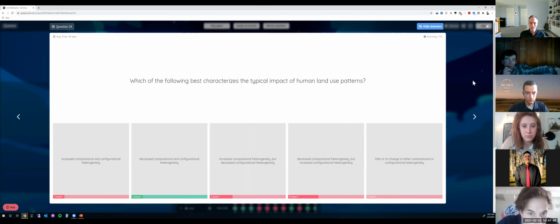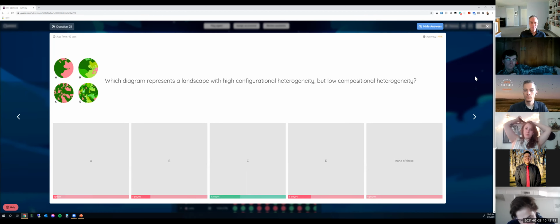Typically the result of human land use patterns is that you have decreased compositional heterogeneity, meaning fewer different types of land uses, and less configurational heterogeneity, right? Because people tend to break things up into grids or regular patterns, and you don't get as many randomized types of patterns and different types of conditions like you do with natural systems.